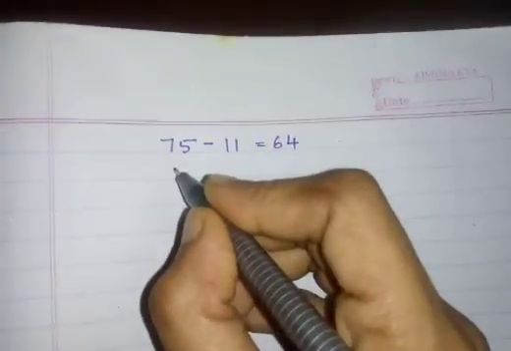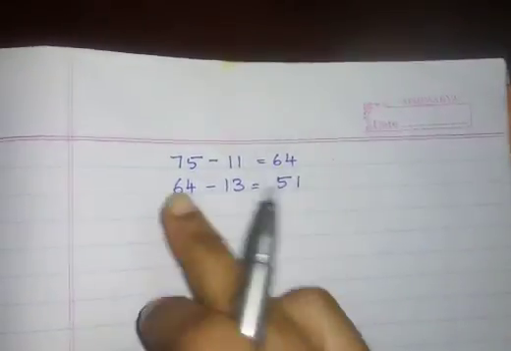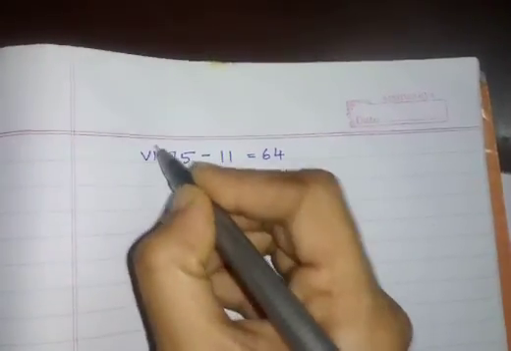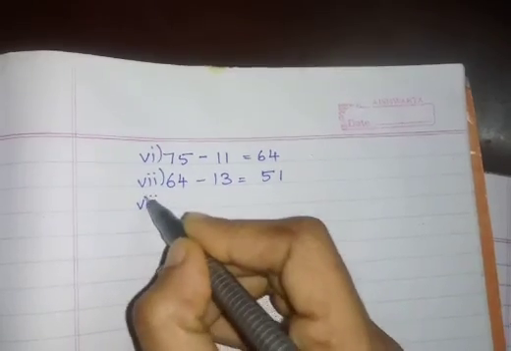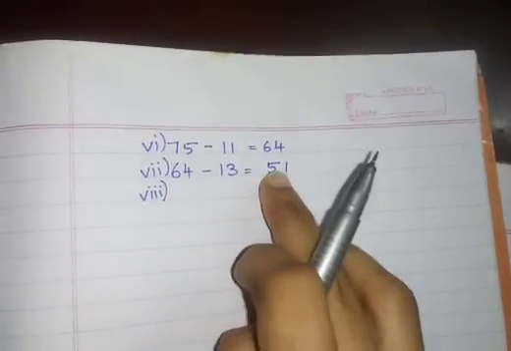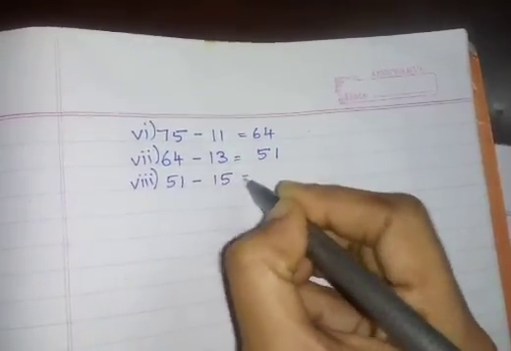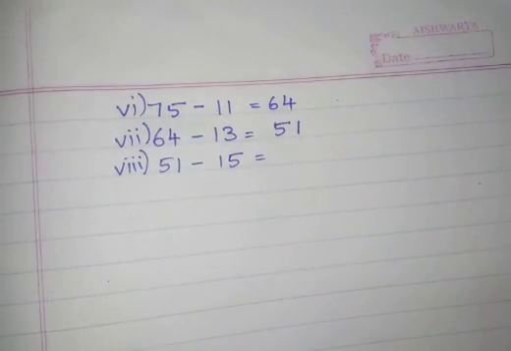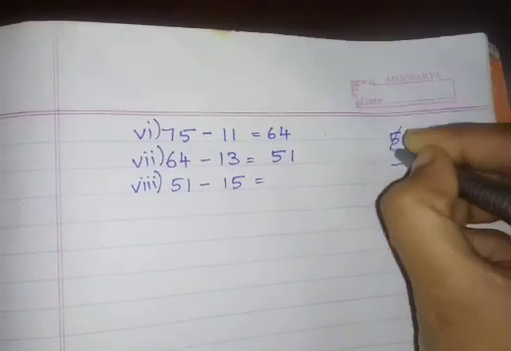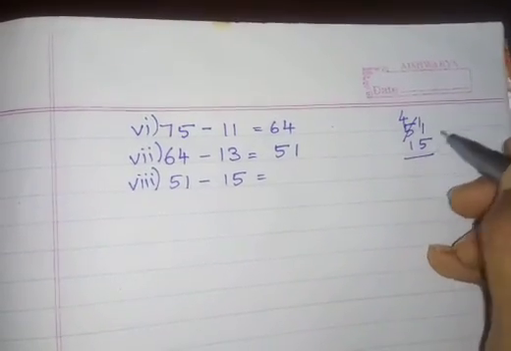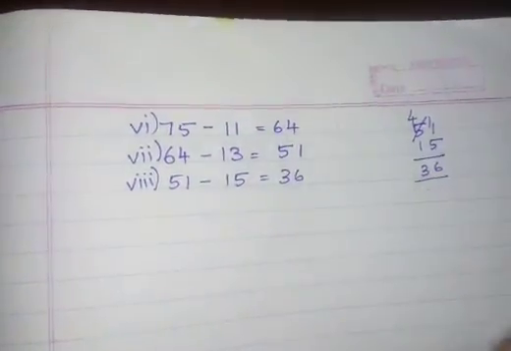Next, 64 minus 13 is 51. Then 51 minus 15. You can do it on the side: 51 minus 15 is 36. The answer is 36.